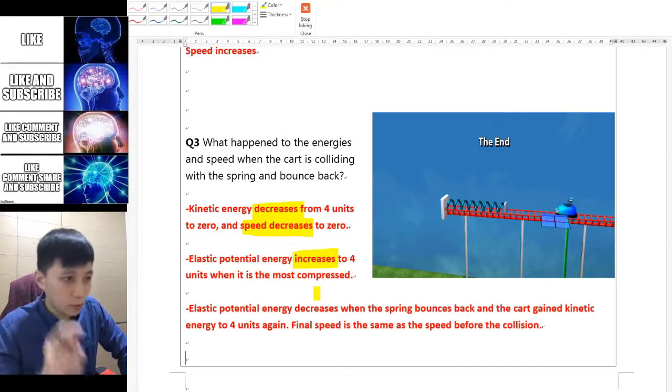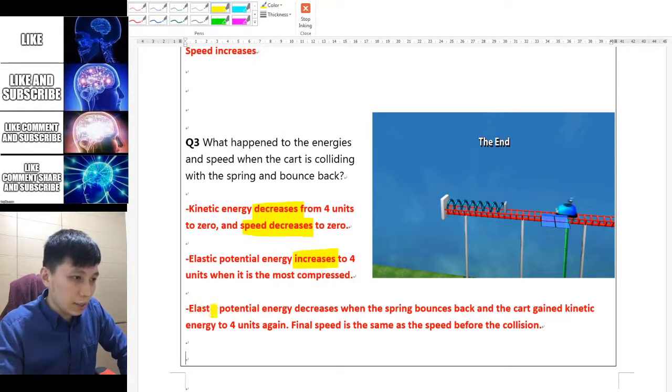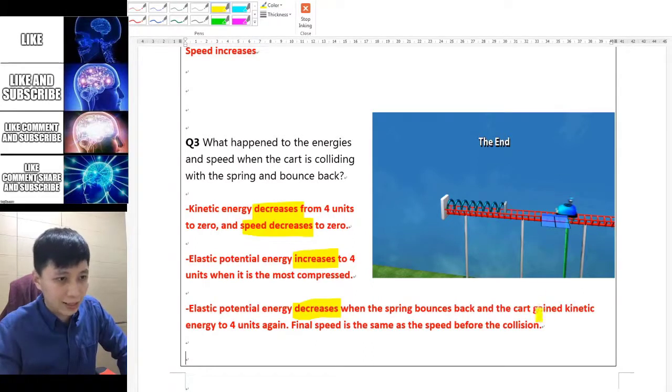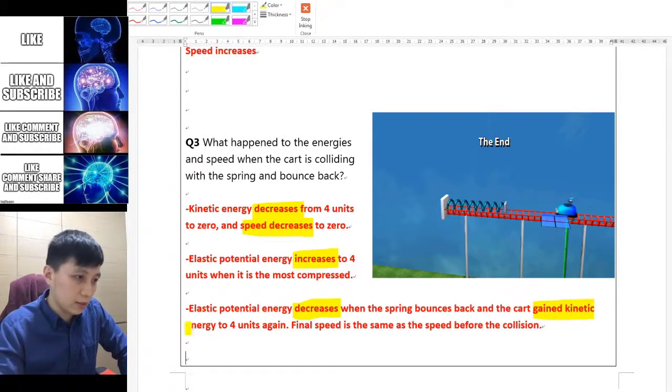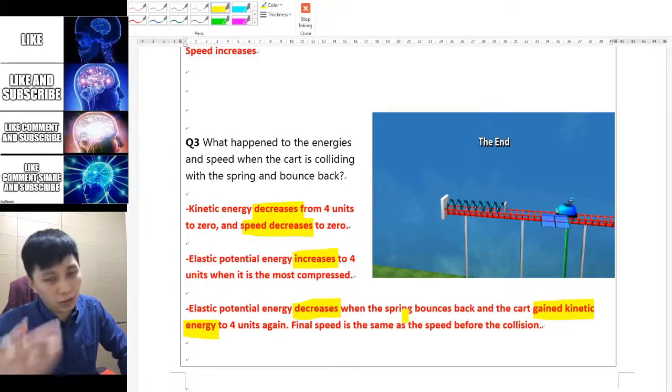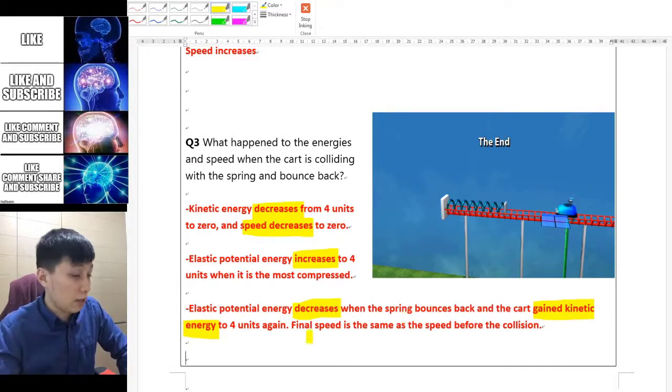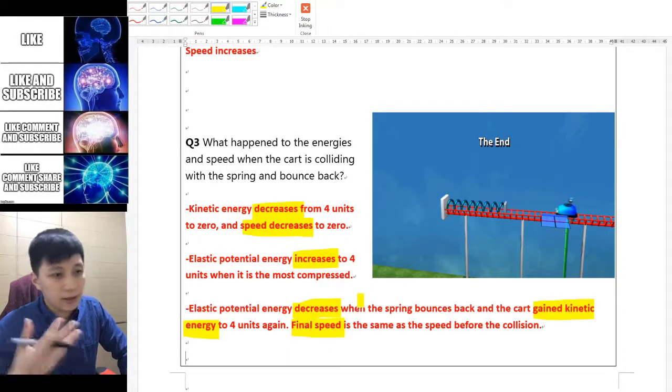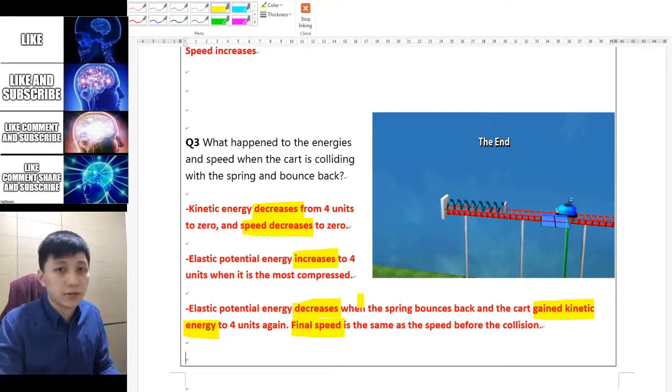The elastic potential energy after that would decrease when the spring bounces back, and the cart would gain once again the kinetic energy back to the original value. Therefore, the speed when it's leaving is the same as the speed before the collision.